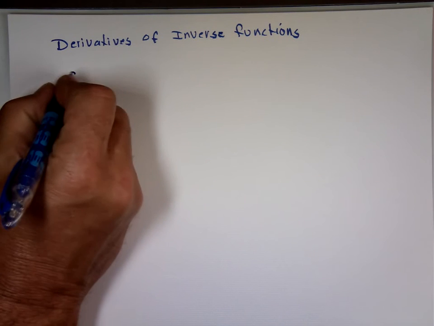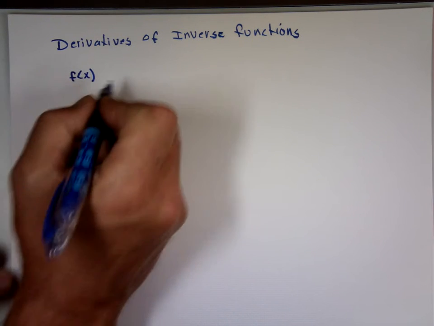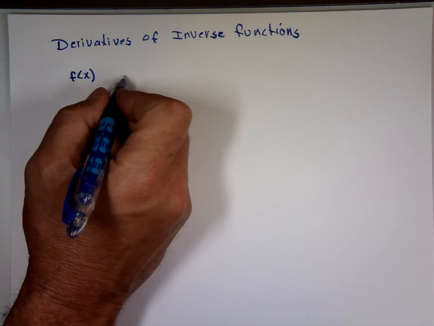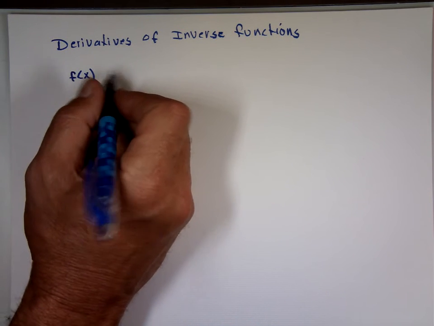So if we have a function f of x, and we know this function has a derivative, you can take the derivative of that, differentiable.